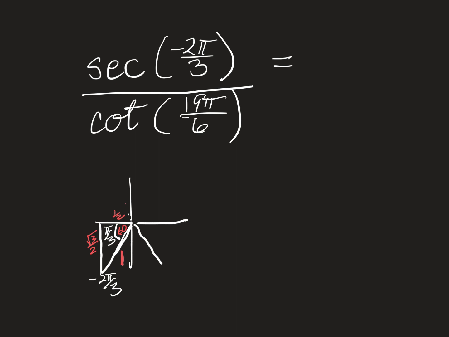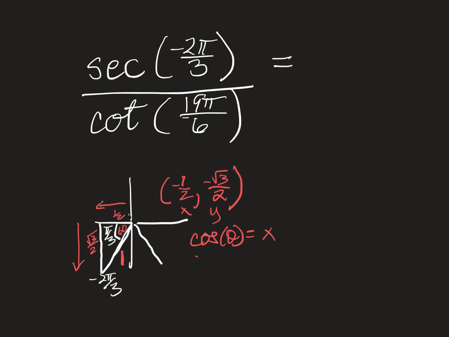Now, if you notice, this goes in the negative direction, and this does too. So the x value is negative 1/2, and the y value is negative square root of 3 over 2. Okay? So that's our x, y. All right? So cosine of theta is equal to x.